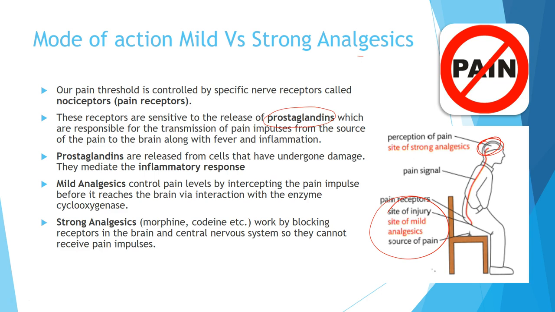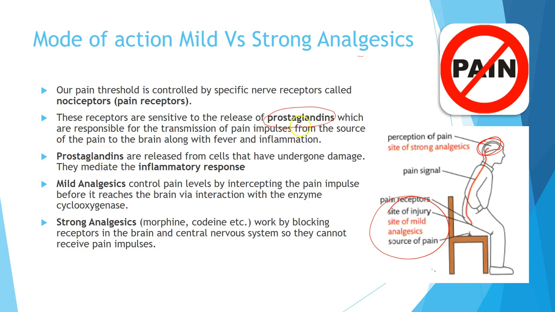Okay, these prostaglandins release chemicals and respond to chemicals for the transmission of pain impulses from the source of the pain back to the brain, where the brain can interpret those messages. They also monitor or control fever and inflammation, which are two things that often come along with pain as well, because they're part of our body's defense mechanism.